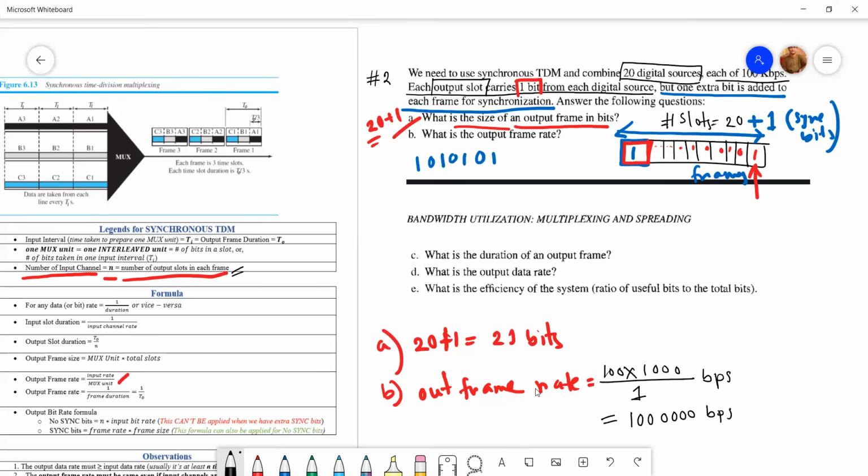So my output frame rate is again 100 kbps.